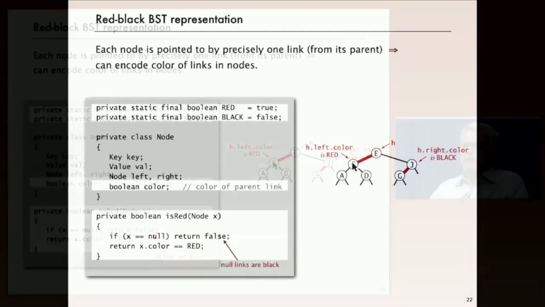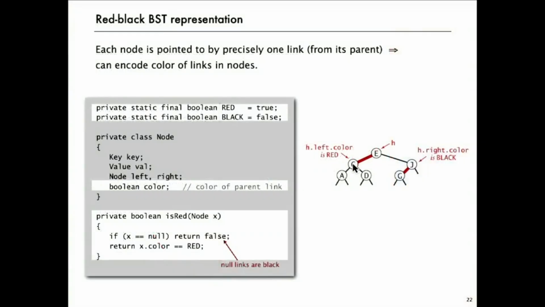What we do is put a color bit in each node class, and then if the link coming into a node is red, we set that to true. So this simple function tests, is a node red? We consider all null links to be black. We don't have red links dangling off, that would be incomplete three nodes.